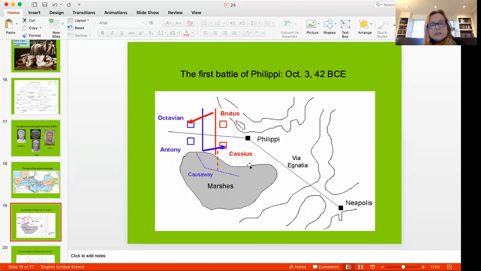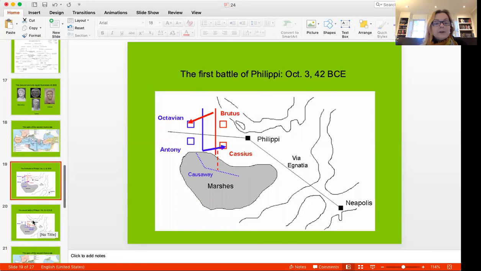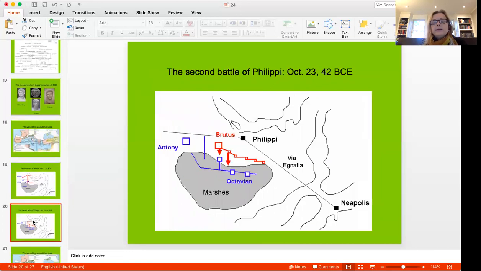Cassius committed suicide as the loss unfolded, but just a few weeks later, in the second battle at Philippi on October 23rd, Brutus's remaining armies, although they successfully pushed Octavian's troops into the marshy area, were however attacked from the side by Antony.